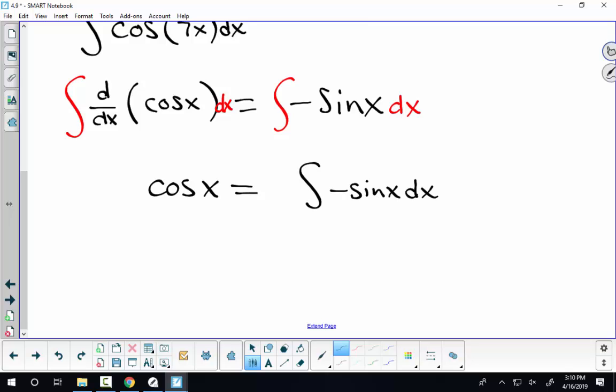If we know the derivative for cosine, we know the antiderivative for negative sine. But multiplying both sides by negative 1, we have negative cosine as the antiderivative of sine. Derivative of sine is cosine, antiderivative of sine is negative cosine, because again, it comes from the derivative.